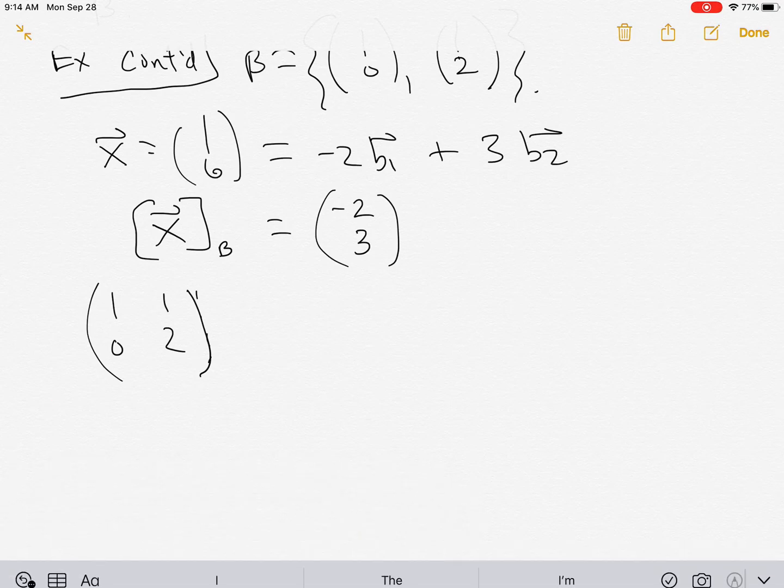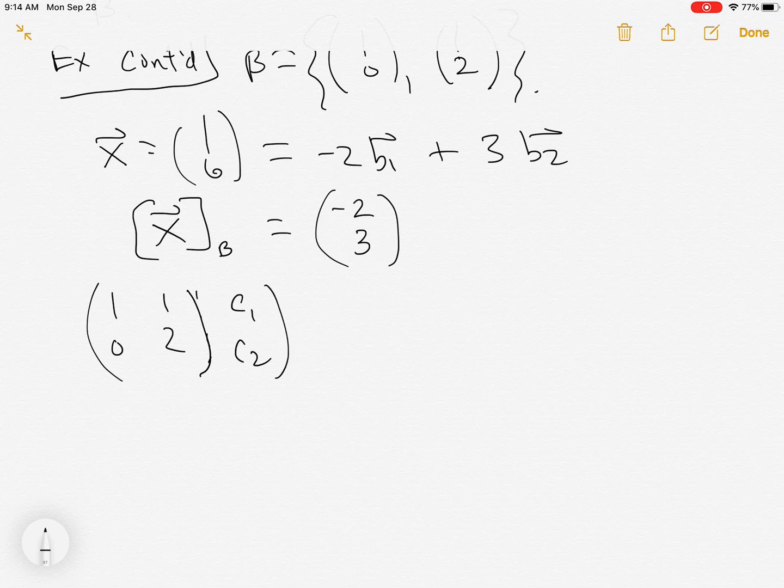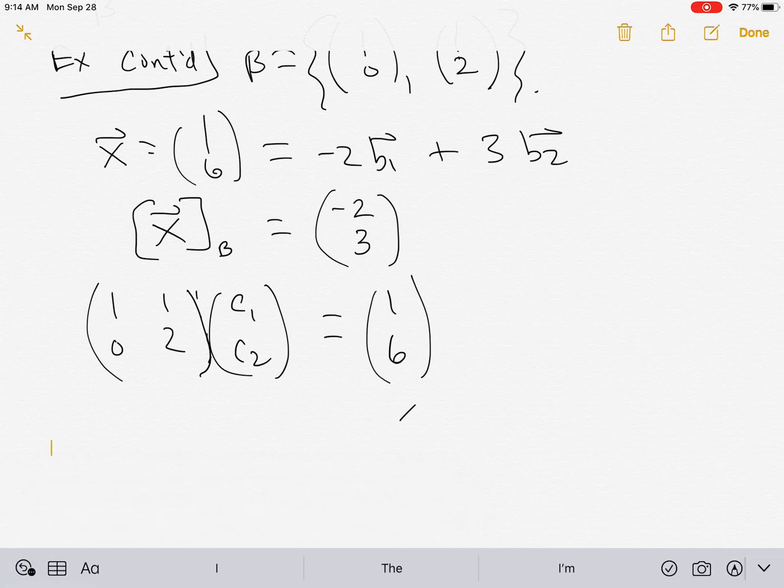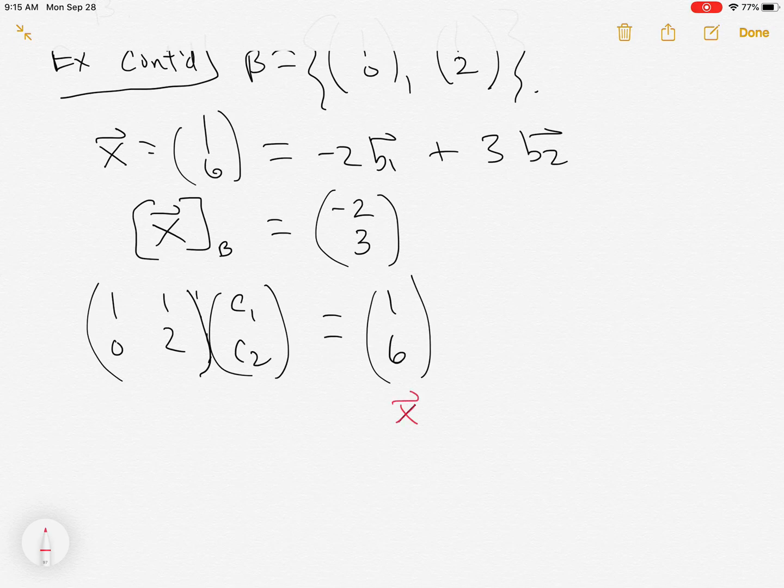So if you take these basis vectors, put them in the columns, and multiply by C1 and C2, you want to get (1, 6), right? That's what we did. We solved this. Here's x, here's the guy we're looking for. And this is some matrix, which we're going to call P sub B.